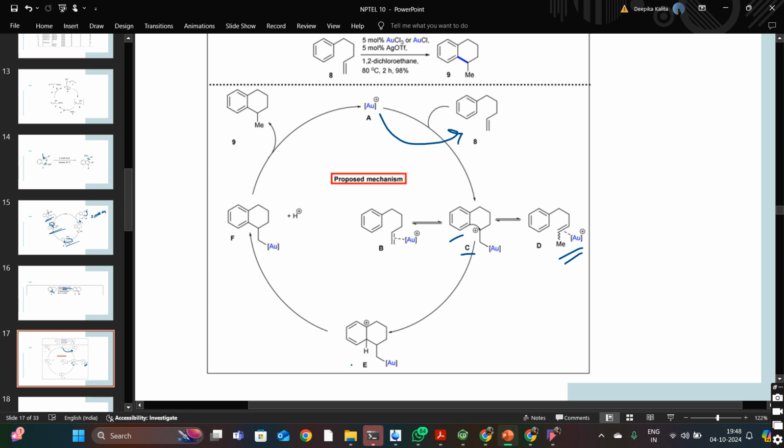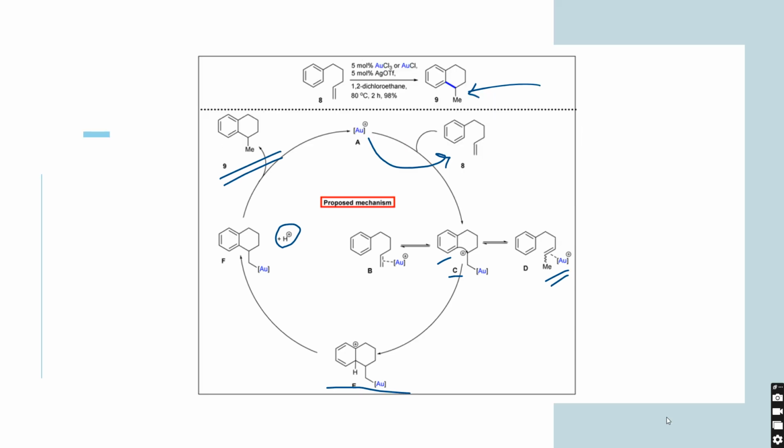Okay, and we get the intermediate product E. Now E is going to undergo aromatization after losing a proton. Okay, and this is how after the workup we are going to get the product 9, which is our desired product. Okay, so this is the proposed mechanism for this reaction, which is involving hydroarylation.